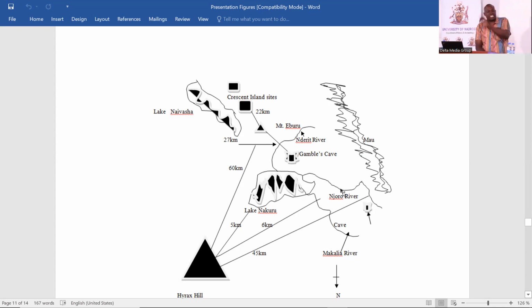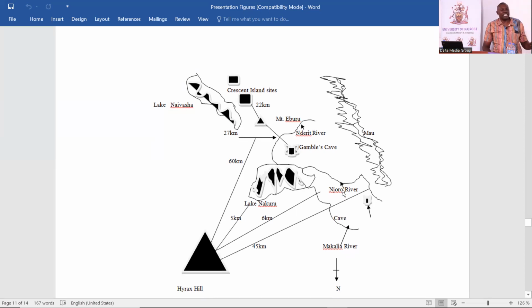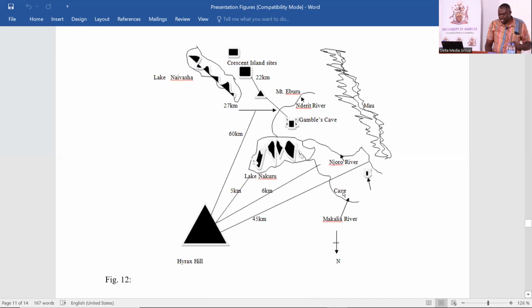It may have been a distance, but the value of that resource dictated the fact that they had to travel all the way to Mount Eburu. But other studies do suggest that large mammals or large animals are butchered at kill sites to remove wastes and transport the meat to the home range, to the home base.